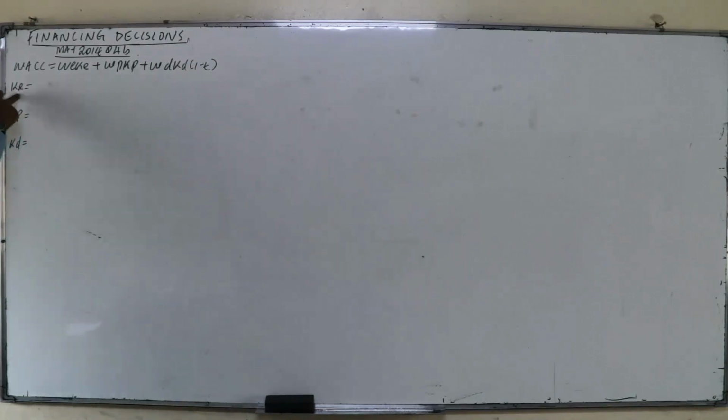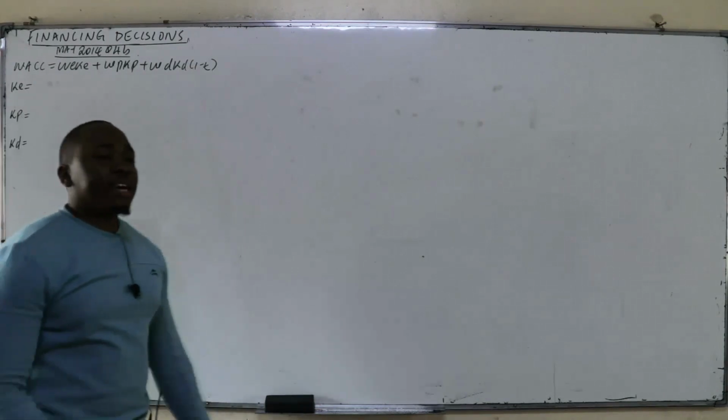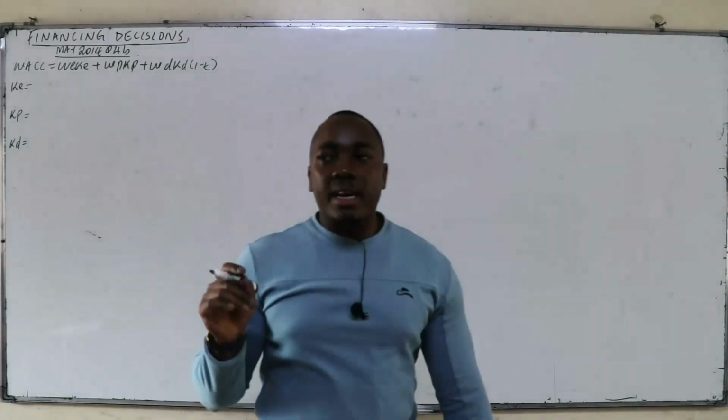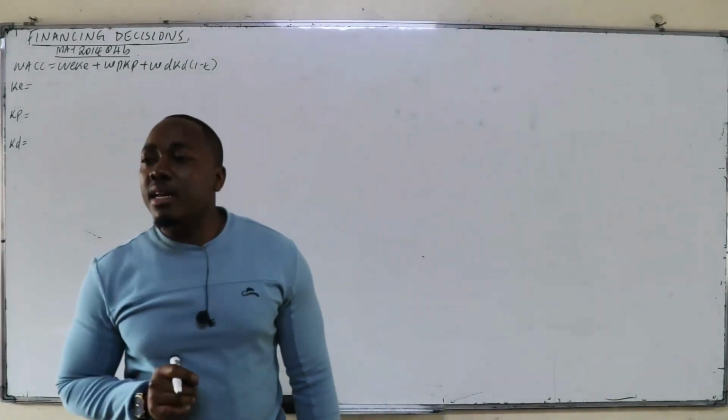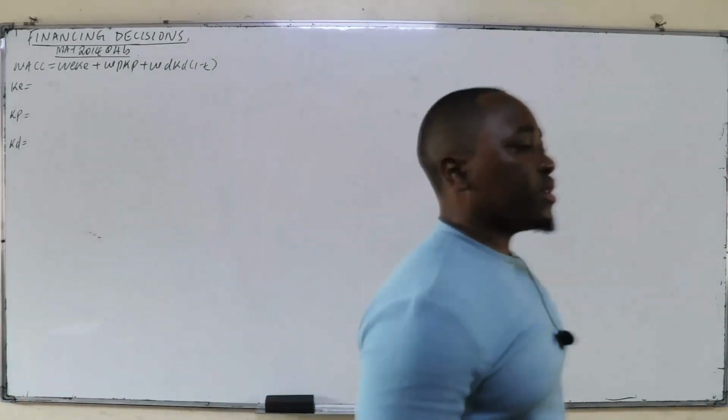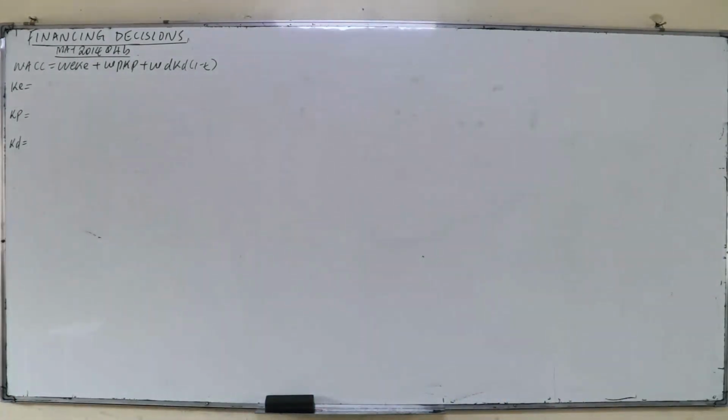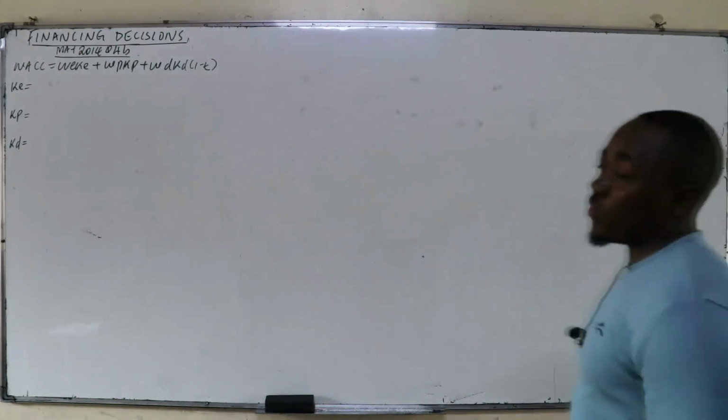Now, for the cost of equity, when you're determining WACC, we don't factor in the cost of retained earnings. That was the difference between the WACC and WMCC. For WACC, we don't consider the cost of retained earnings, so it's only the cost of ordinary share.